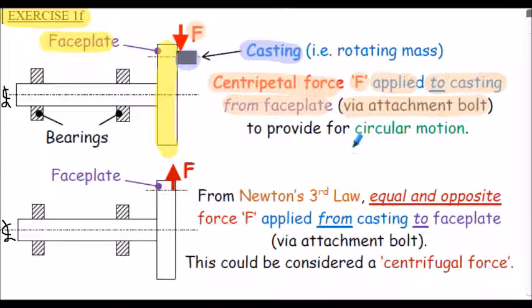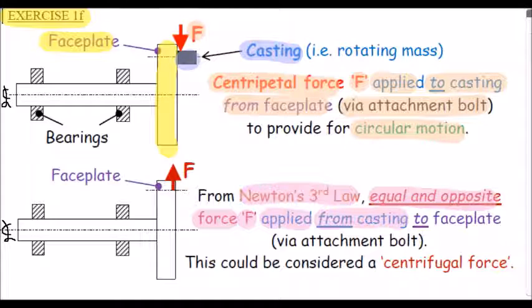This provides the circular motion. However, from Newton's third law, there's an equal and opposite force F applied from the casting to the faceplate, again via the attachment bolt. This could be considered a centrifugal force, and that's shown here. So the centrifugal force is the force on the faceplate from the casting, and that's the outward force.